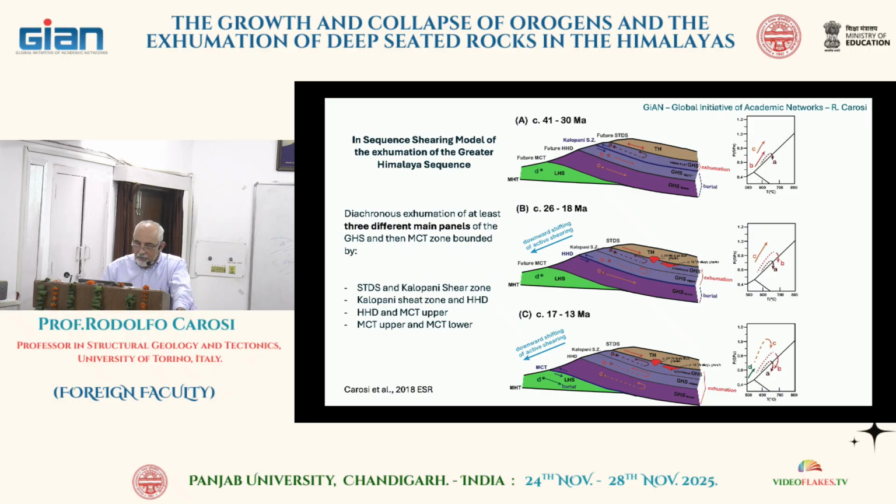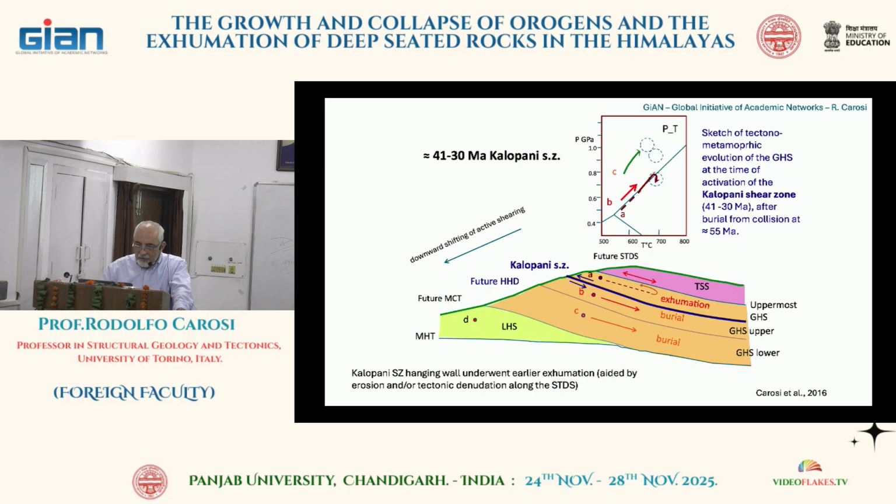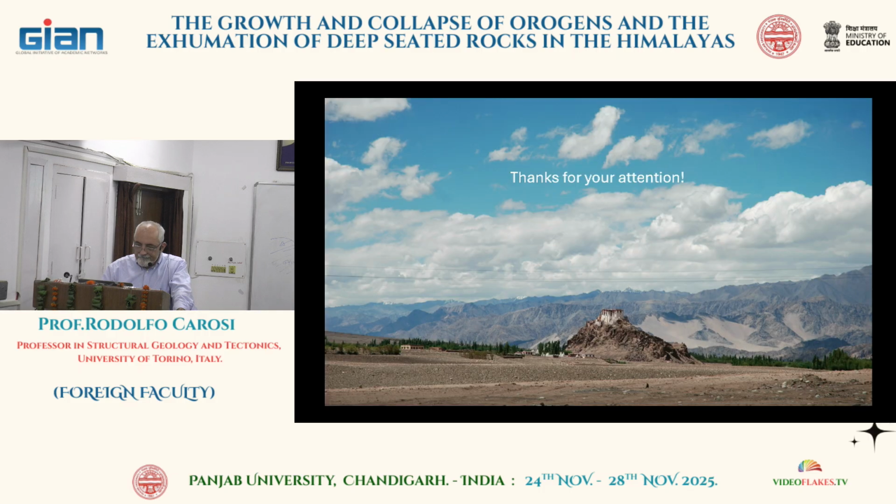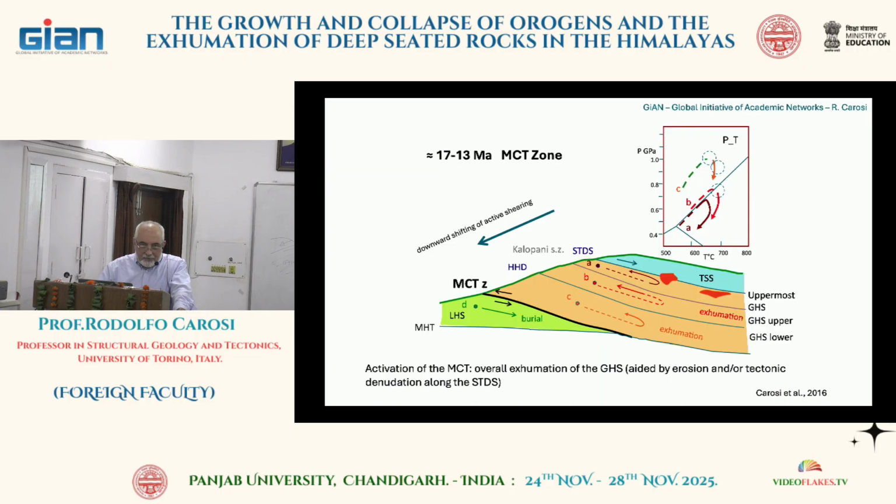So probably it could explain the exhumation and the different timing of exhumation of different portions of the Greater Himalayan sequence. Okay, this is from Ladakh. Do you have any questions about this overview of the models?